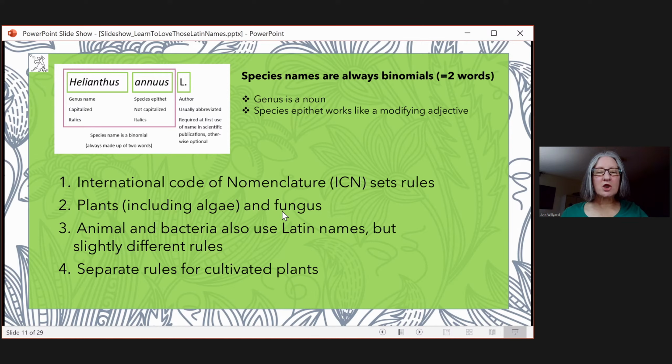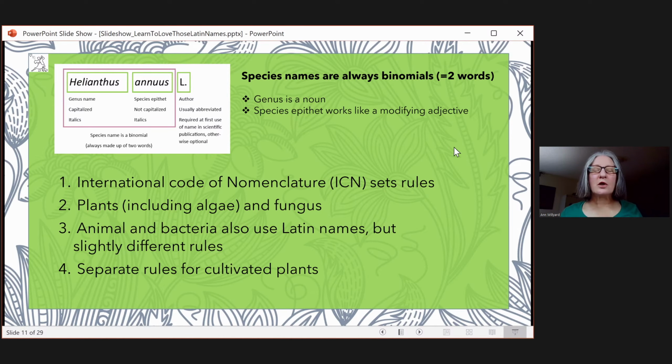And because traditionally mycologists hung out with the botany departments, that also includes the naming of fungi. Those people all get together every 6 years and work out a few things. The animal and bacteria people also use Latin names, but they have slightly different rules, and in fact, a little bit relaxed. And then there are some separate rules that add on top of that for cultivated plants.